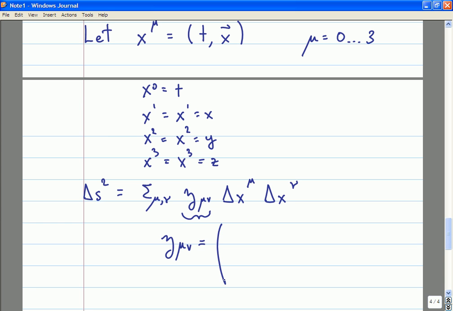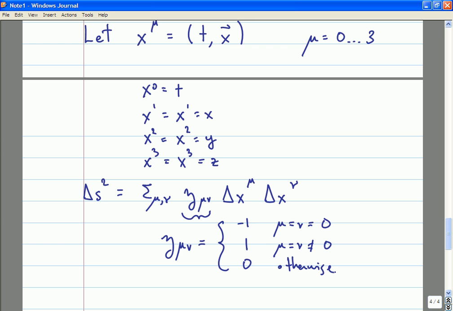So eta mu nu will be equal to minus 1 if mu and nu are both equal to 0, plus 1 if mu and nu are equal and not equal to 0, and 0 otherwise.